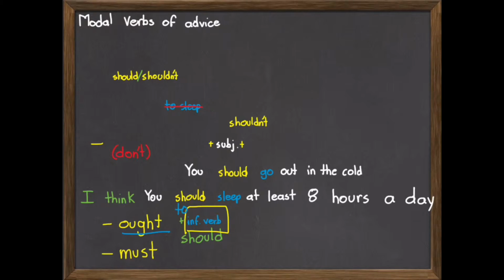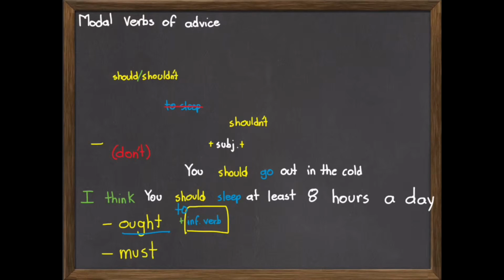Now, for the verb must, it's similar to should, but it is stronger and more definite. For example, you must take an aspirin. Notice that we don't use to before the infinitive verb. You must take an aspirin.